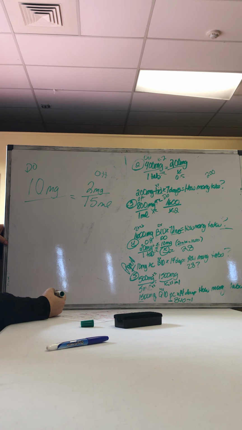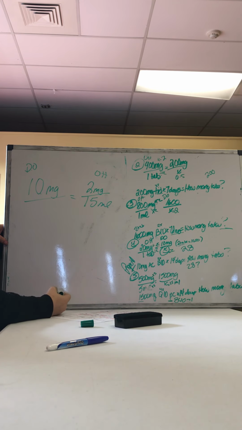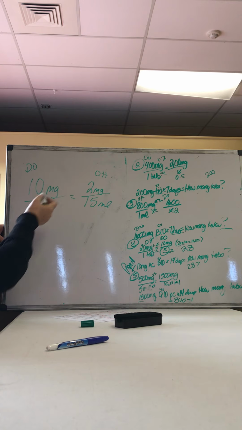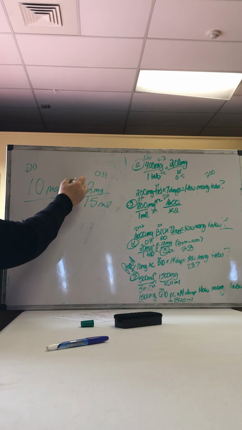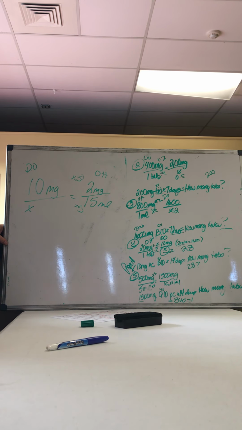Are you doing the ratio or are you doing the problem? If you're doing the problem, you tell me to write something down here. Ratio, you trying to figure out. 2 times 5 is 10. Yes, 2 times 5, so you times by 5. So we're gonna do what to this? 2 times 5. And then there you go, gives you what?